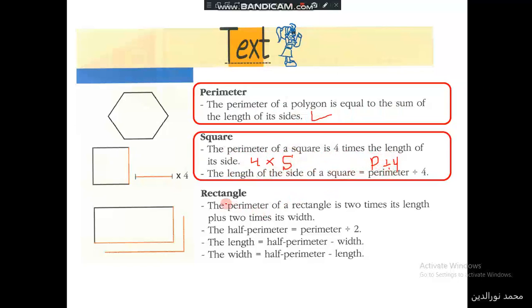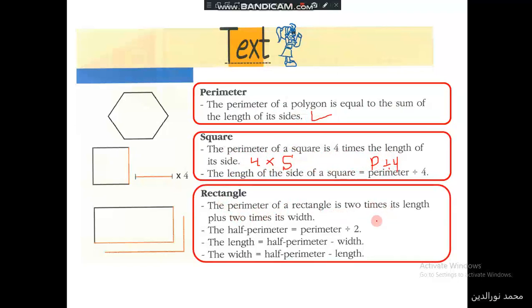For a rectangle, the perimeter is 2 times length plus 2 times width. Half perimeter is perimeter divided by 2. Length equals half perimeter minus width, so half P minus W, and width is half perimeter minus length.